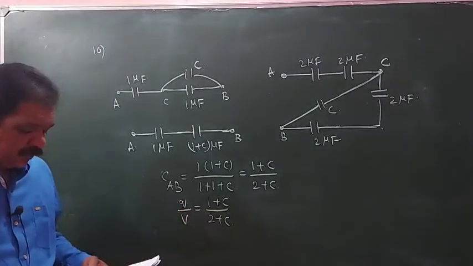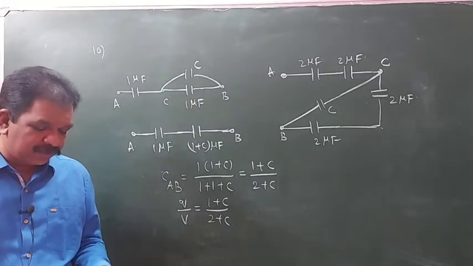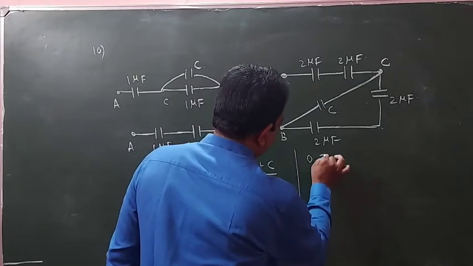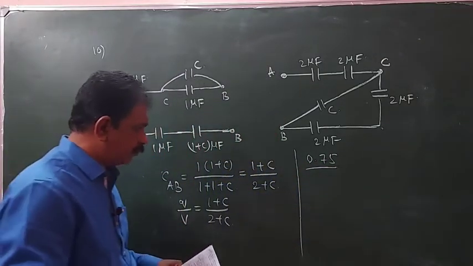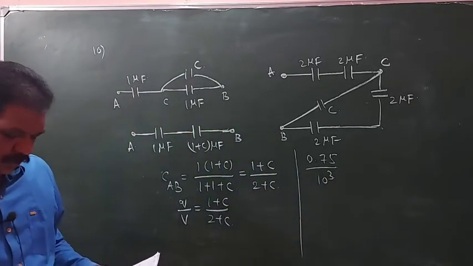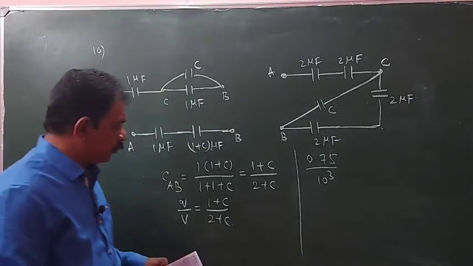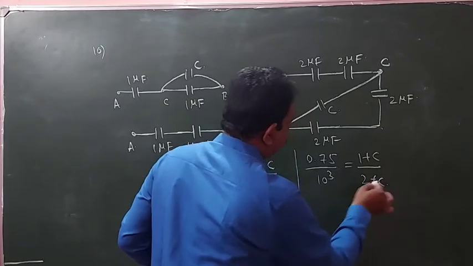Q by V, you substitute, then you will get the answer. This Q, this is 0.75. This value 10 cube, is equal to 1 plus C by 2 plus C.